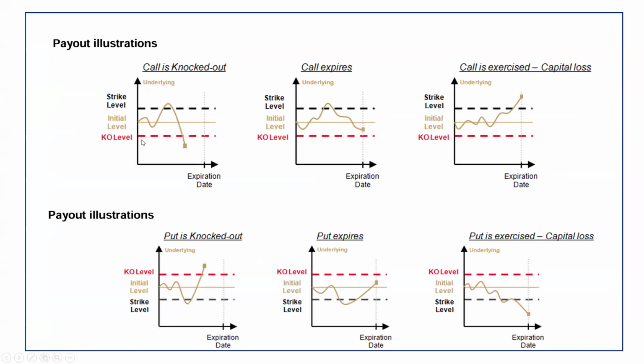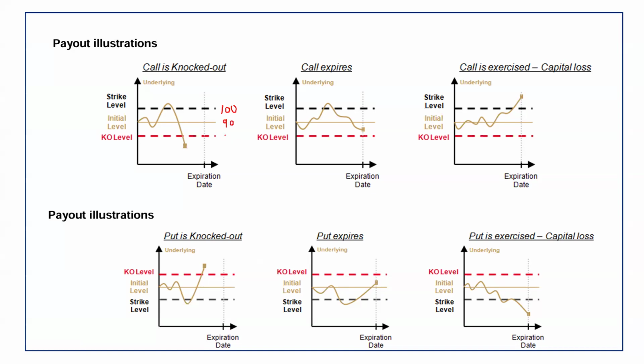So here is the first example of a knockout level. Assuming the strike price is 100 and the knockout level is 80, and the current market price of the stock is 90.